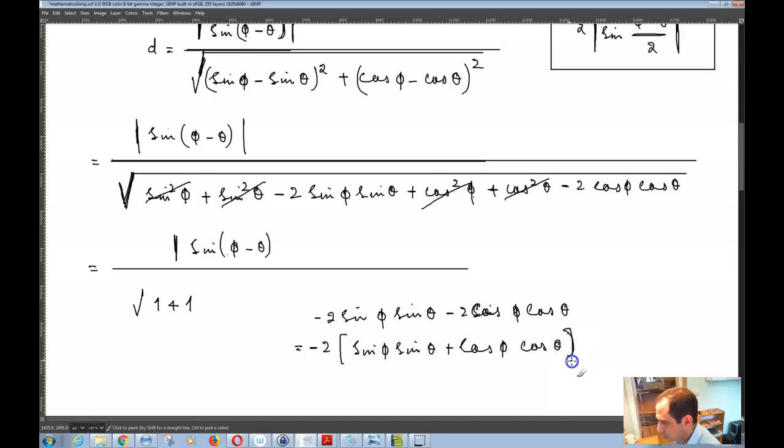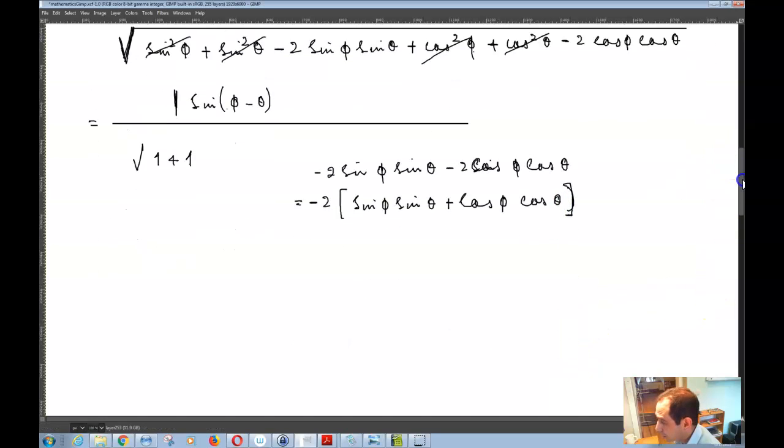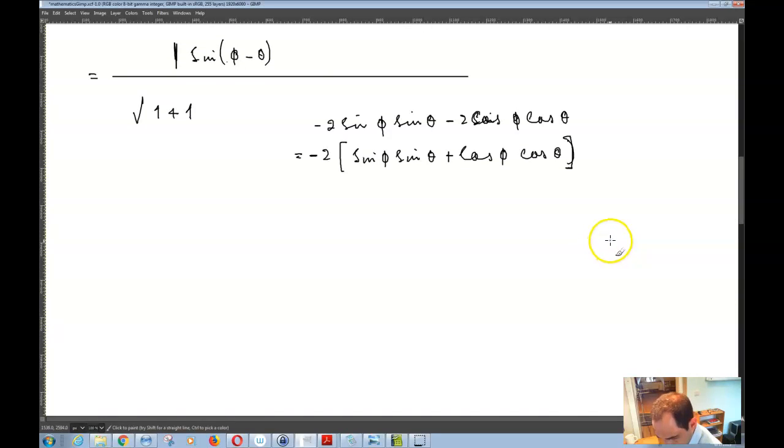You can write it this way, and you do know that cos of x minus y is equal to cos x cos y plus sin x sin y.